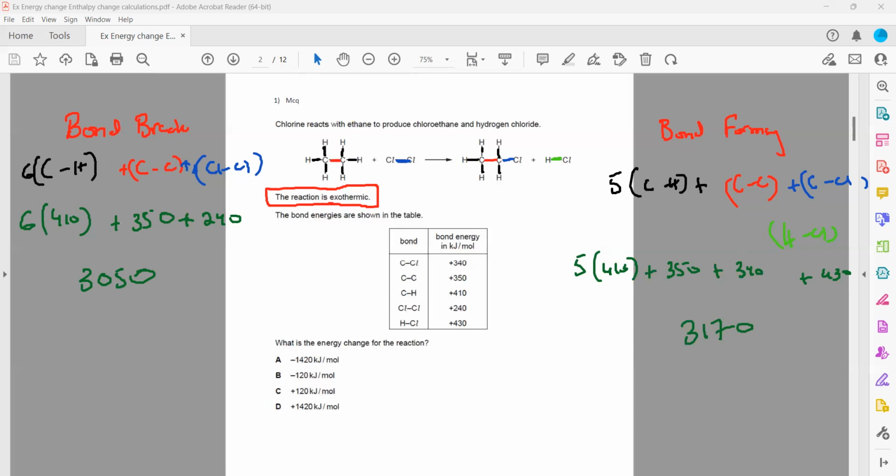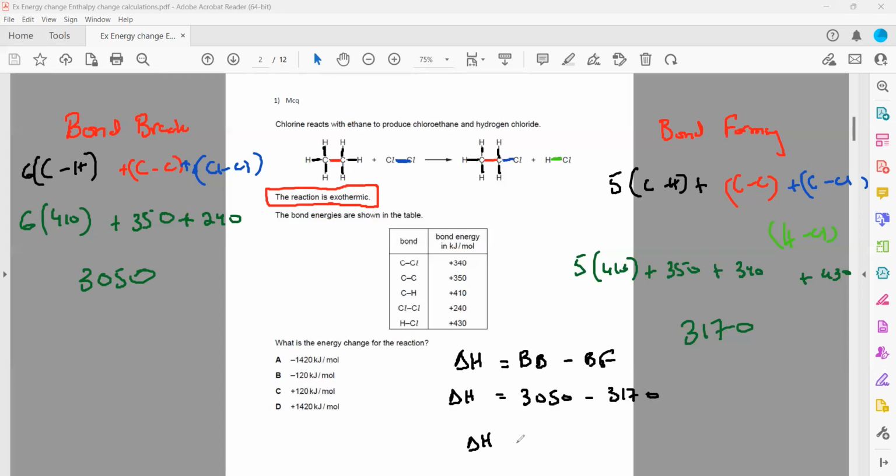So we have the bond breaking energy and we have the bond forming energy. But the question is to calculate the energy change. So how to calculate the enthalpy change? The formula is bond breaking minus bond forming. The bond breaking energy was 3050 minus the bond forming energy 3170.